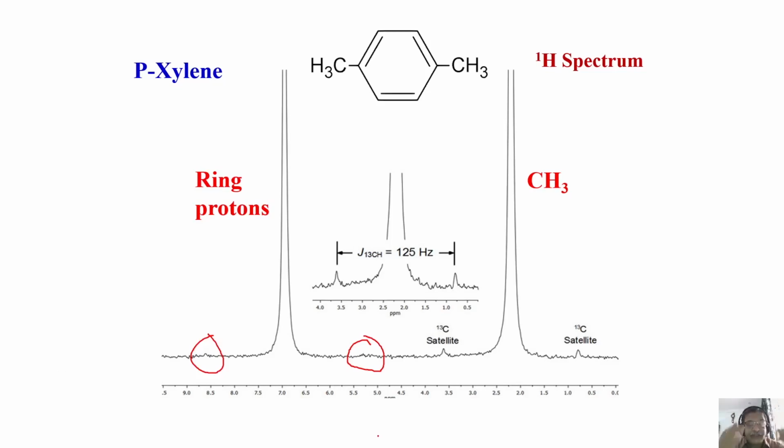If I enhance the intensity larger, I will see the satellite, this separation corresponds to carbon proton coupling here. But this is not a good spectrum since we have not acquired for a longer duration, so you don't see it. But if I acquire signal for another half an hour, then you will see satellites like this for this carbon also. You understand? So with this, now satellite analysis is becoming very clear for you.